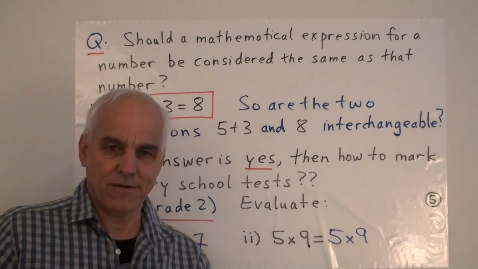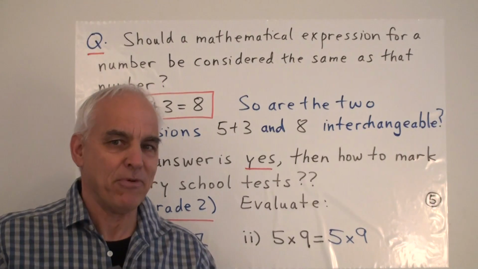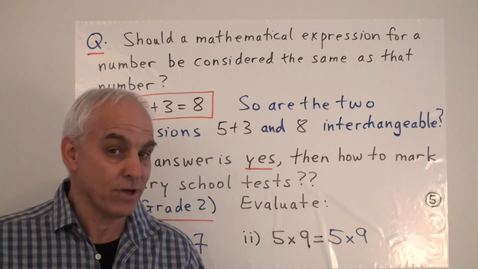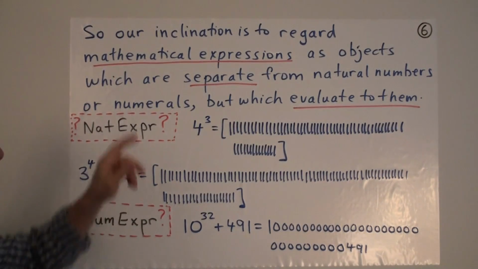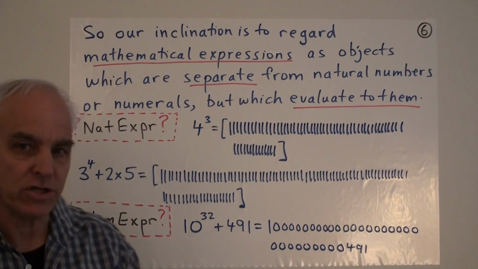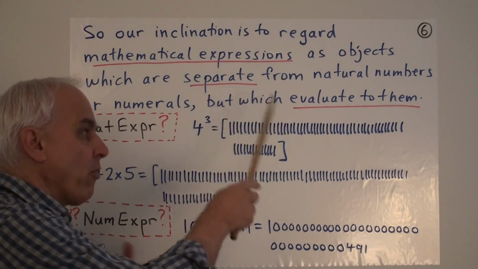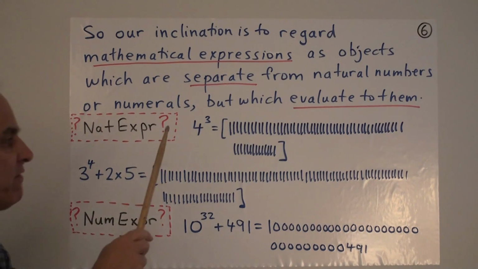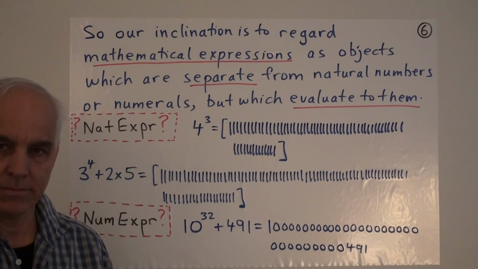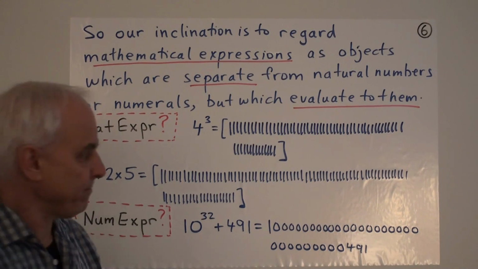That seems on the whole to be a somewhat safer position to have. What do you think? So our orientation is going to be that we're going to want to regard mathematical expressions as objects which are separate formally from natural numbers or numerals, but which evaluate to them, at least most of the time or much of the time.